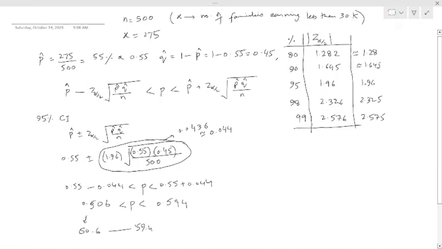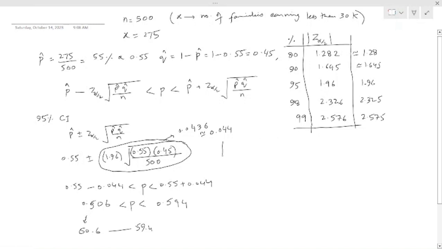This is a large percentage of those families, representing that they find difficulties in these times according to this data, which I have taken as an example. This is how we can estimate population proportion using a specific confidence level that we are given.